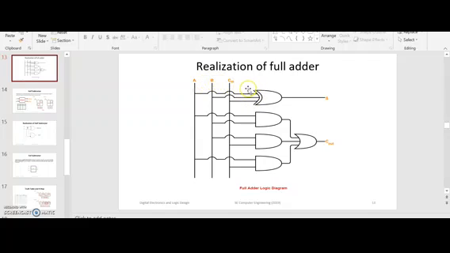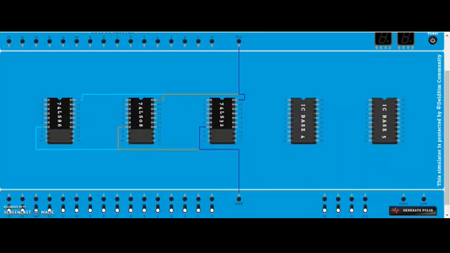For sum output we need XOR gate, and for carry we need 3 AND gates and 1 OR gate. So we will require one XOR, that is 7486, AND, that is 7408, and OR, that is 7432.